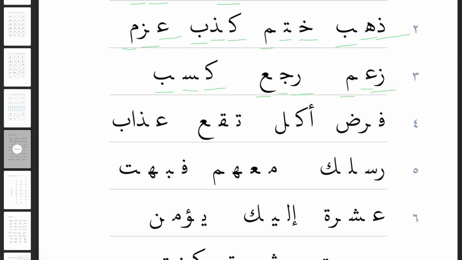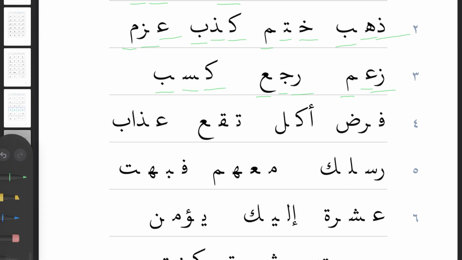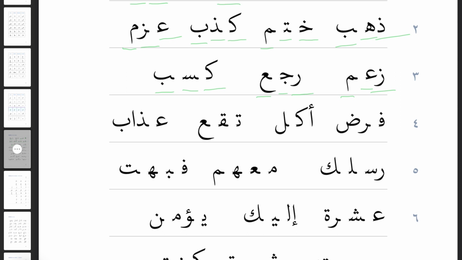So these are all actual words from the Qur'an. And what you can see here is that they haven't quite been put together, almost like I've rubbed out the spaces in between, just so that you can hopefully recognize the letters without having to break out in too much of a sweat. We'll carry on.